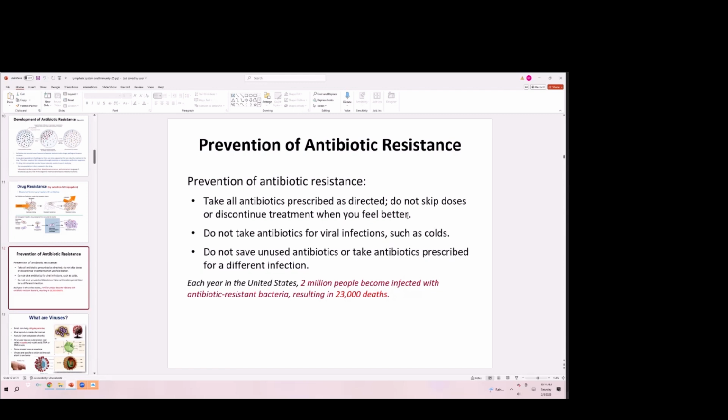If you have a flu, make sure that you distinguish that your symptoms are caused by a virus and not a bacteria. Sometimes you have malaria and it feels like you are having a cold, but malaria is not caused by bacteria, and a flu is not caused by bacteria.